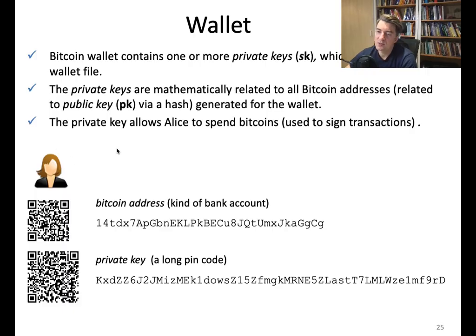They could be stored in a file, or they could be stored in a wallet app. The private keys are used to spend funds, whereas a Bitcoin address is a hash of the public key. So these two, the public key and the private key, are mathematically linked. And to obtain a Bitcoin address, a hash is applied to the public key. A Bitcoin address is like a bank account that is used in receiving funds, Bitcoin.